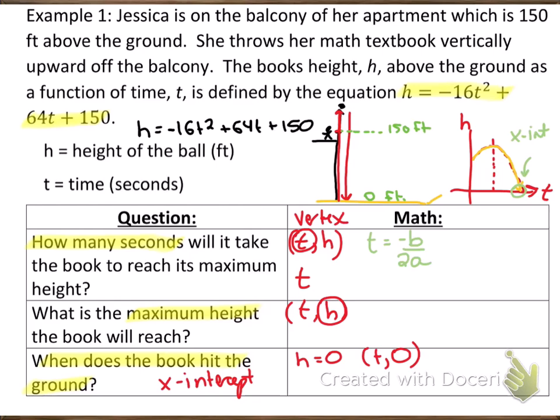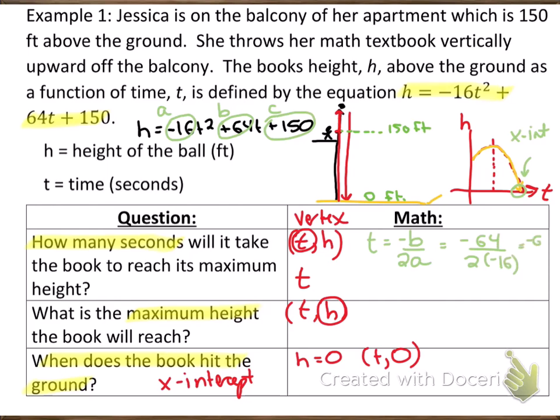So let's see if we can identify a, b, and c. So my a is negative 16, my b is positive 64, and my c, which I don't really need, is 150. Okay, so this is going to be negative 64 over 2 times negative 16.